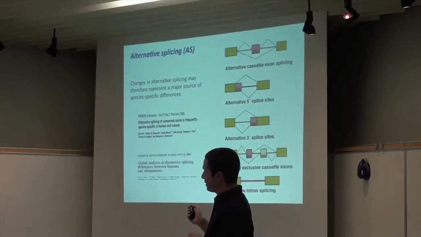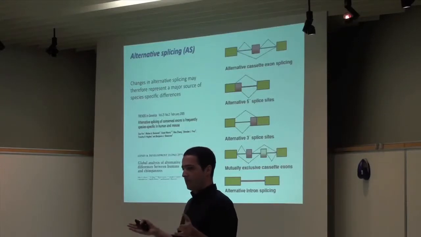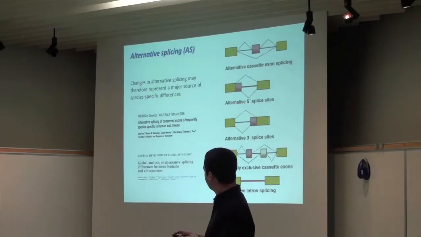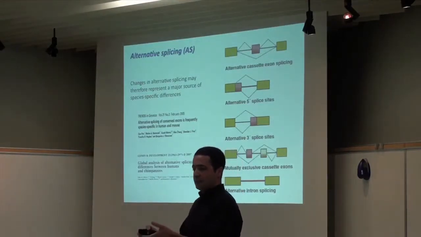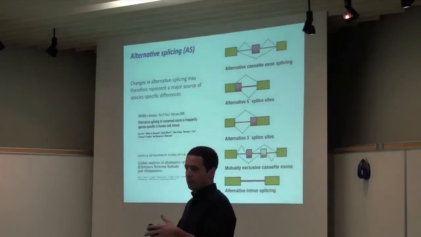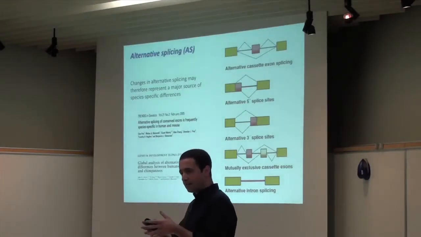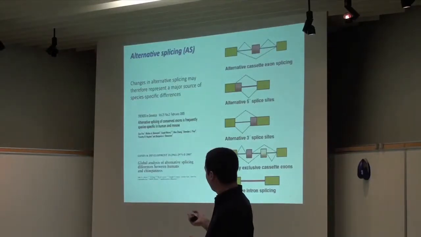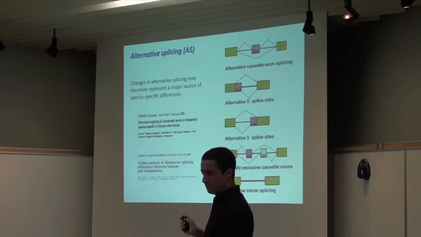And as I told you, based on the first slide on the conundrum, one of the reasons we believe alternative splicing might explain at least partially the tremendous phenotypic difference between different species is not only because alternative splicing allows for the generation of an amazingly diverse set of isoforms for each gene, but work done in the lab already suggests that alternative splicing seems to be frequently species specific.